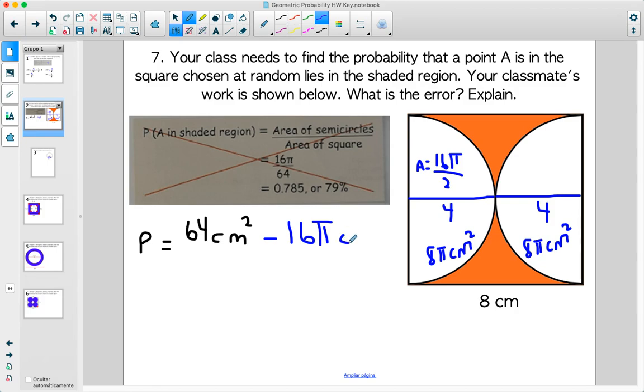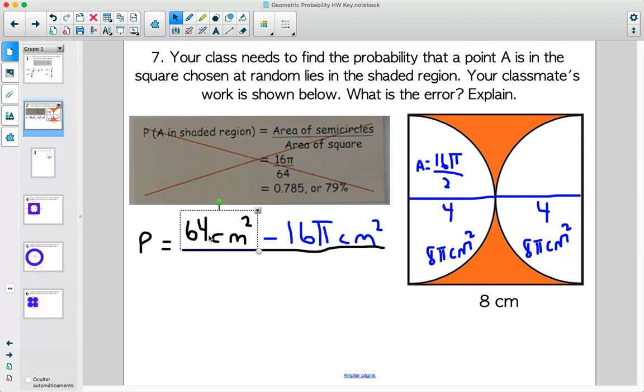Okay, centimeters squared. All right, Niall, hopefully that helps you out. And then because it's probability, we want to divide by the area of the whole region, which is the square. So we're going to put the denominator as 64 centimeters squared.